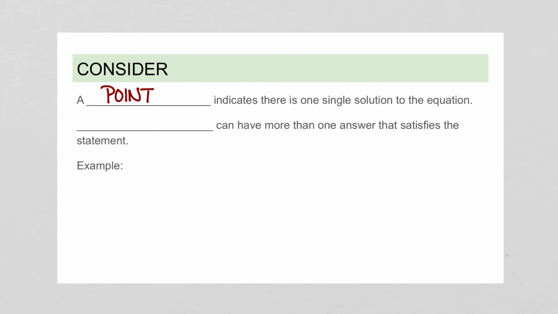But what we're thinking about today is that an inequality can have more than one answer that satisfies the statement. More than one answer. So let's say I just change that last example up a little bit, and instead of 2x equals 6, I'm going to say 2x is greater than or equal to 6.